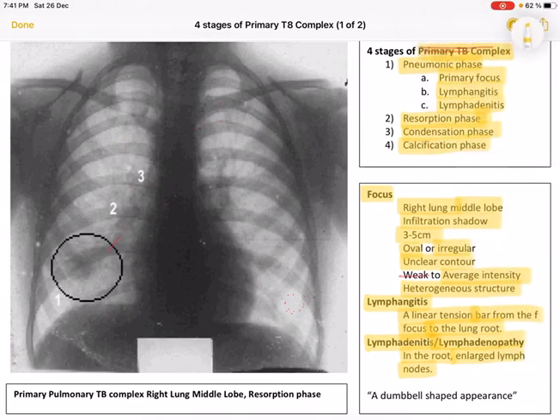The conclusion is, it is primary pulmonary tuberculosis, right lung, middle lobe, resorption phase, and there is no complication. This is the second stage of the primary TB complex. Thank you.